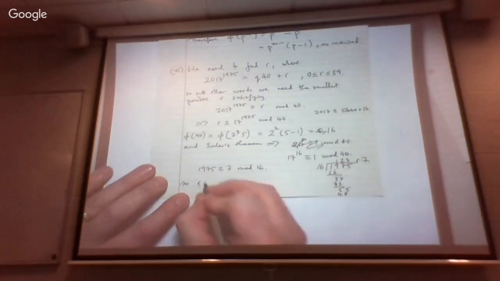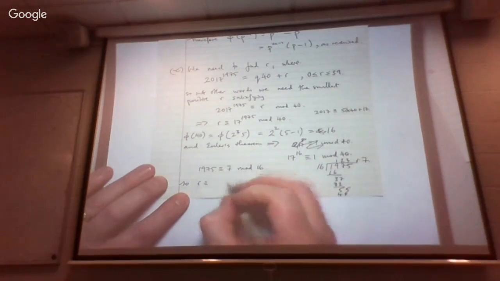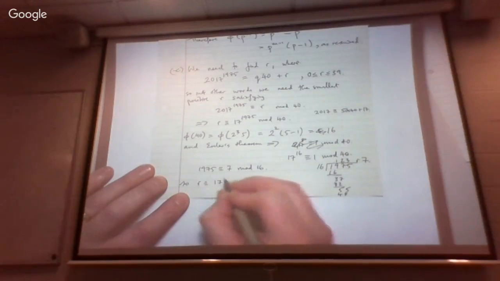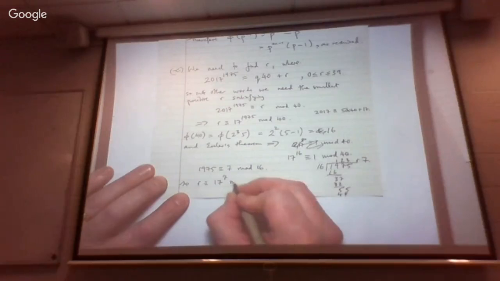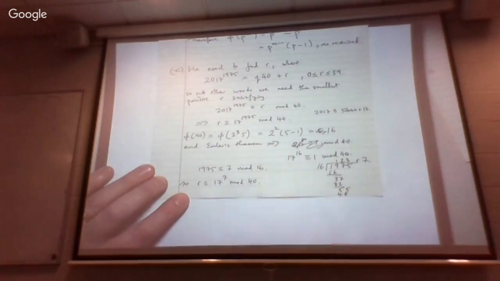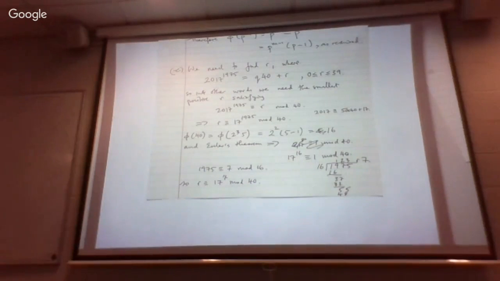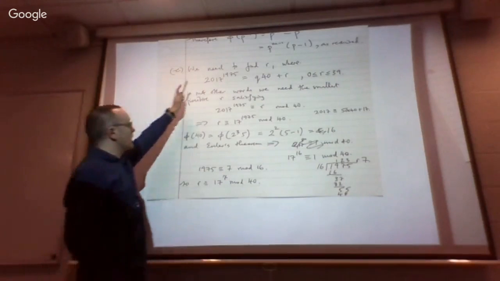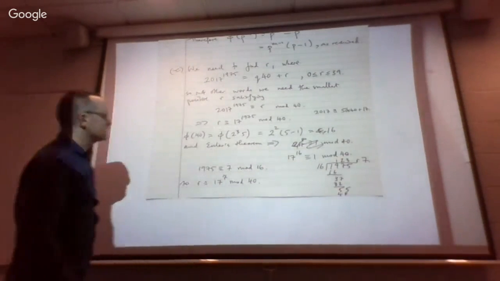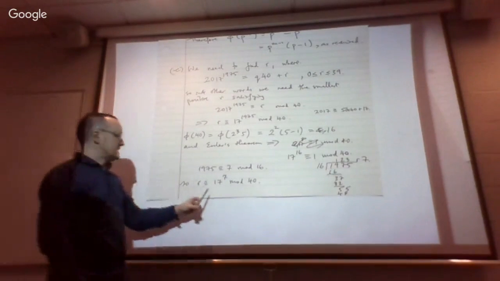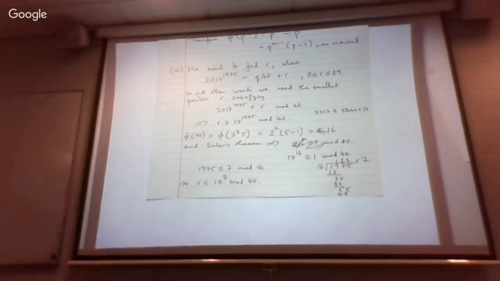So the R that we need is congruent to 17 to the power 7 modulo 40. We've significantly simplified the original problem. It's now no longer 2017 to the 1975, now we just need 17 to the power 7. So just a couple more multiplications will get that out.